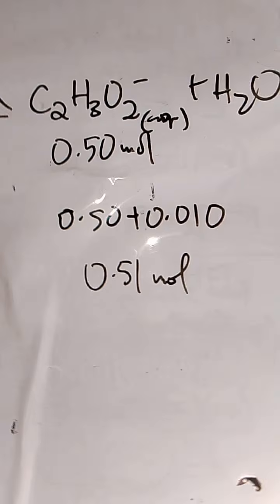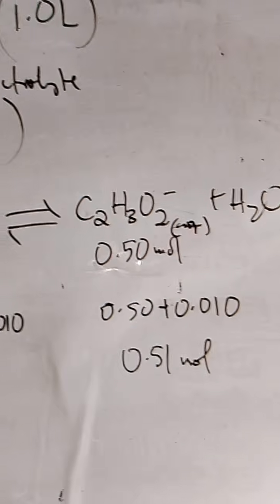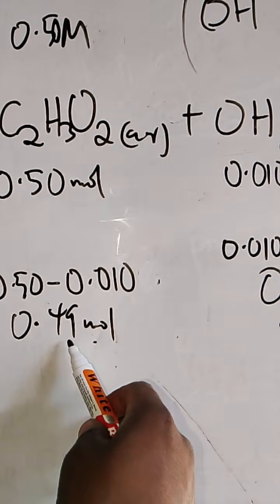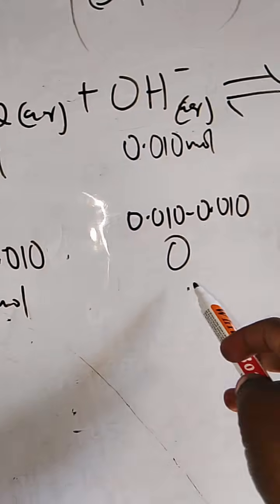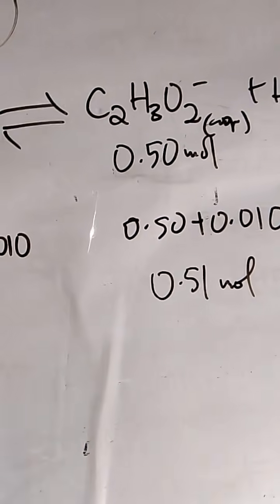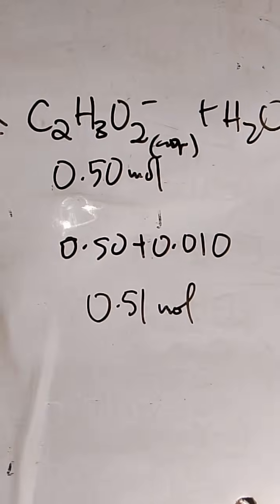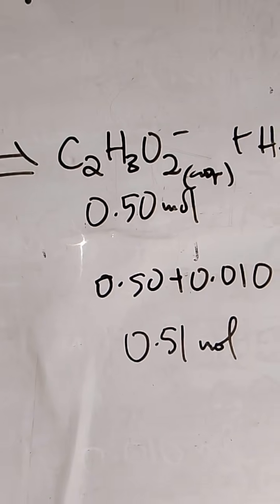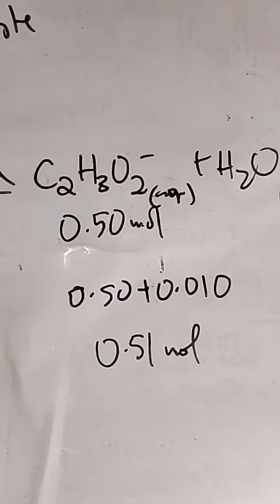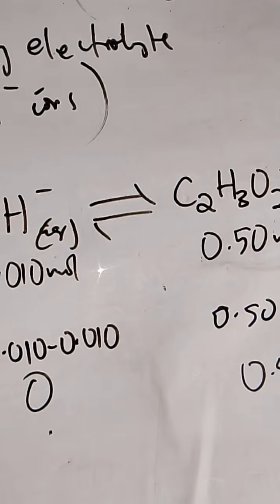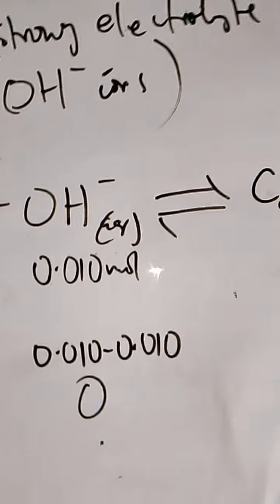These are the new concentrations that we have: for the acid 0.49, for OH 0, and for the conjugate base 0.51.